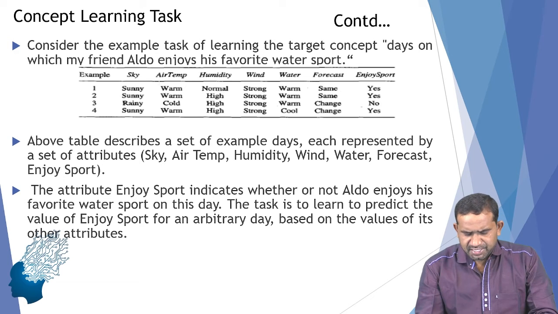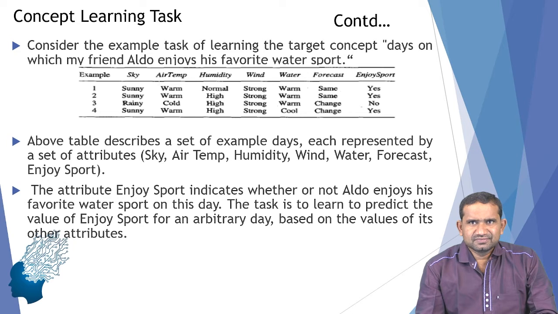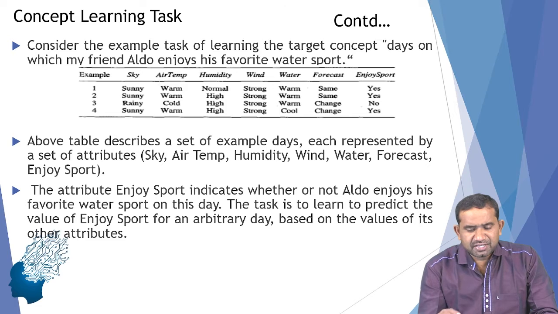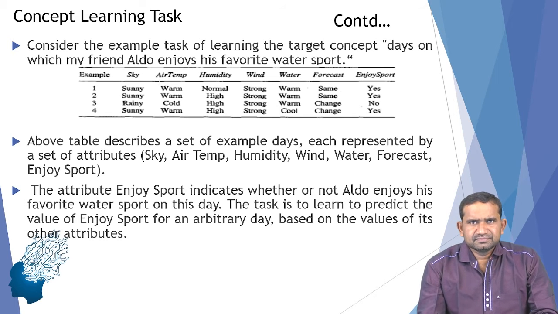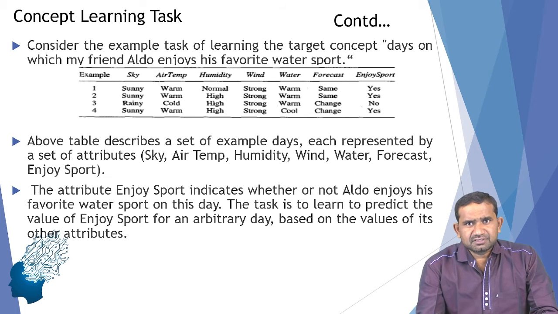And on the third day, the sky condition is rainy, the air temperature is very cold, humidity is high, wind is strong, water is warm and forecast is change. So the main attribute, the sky value, is rainy, and the air temperature is very cool.